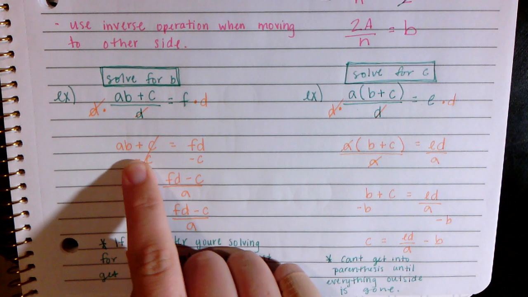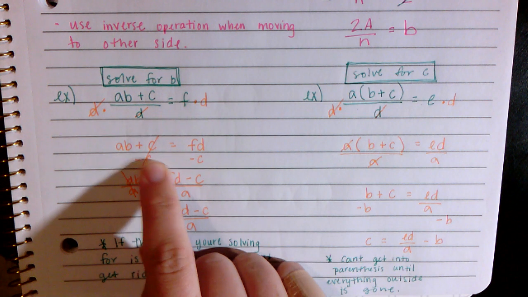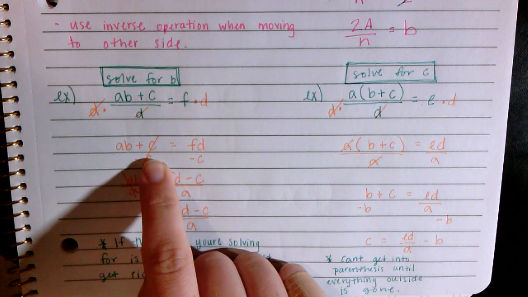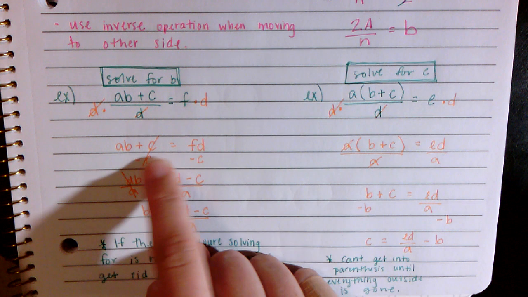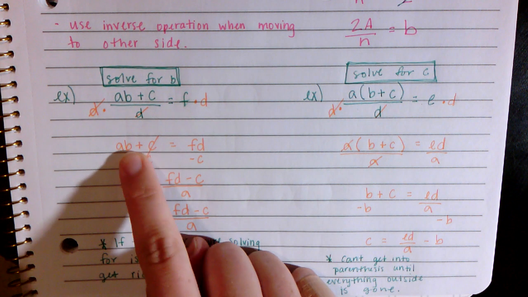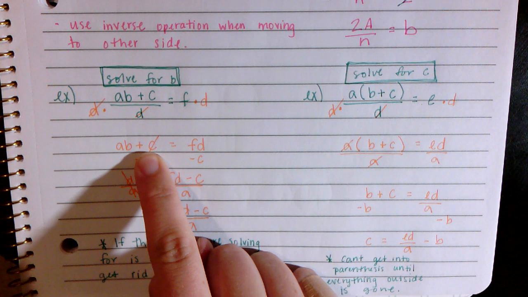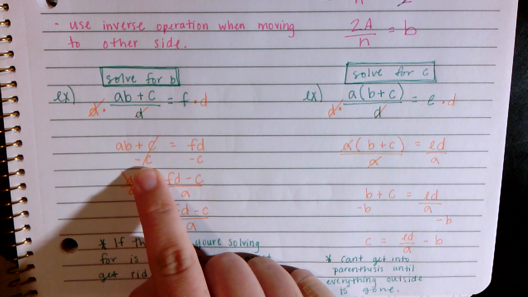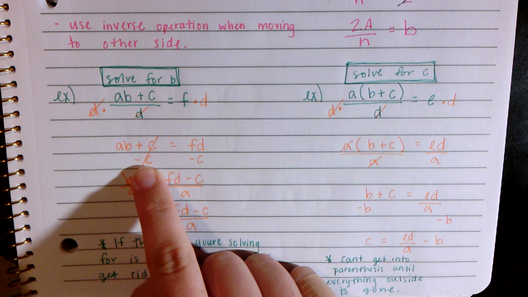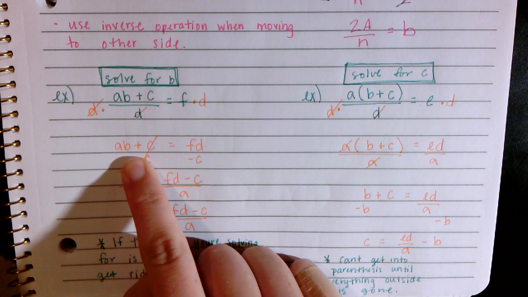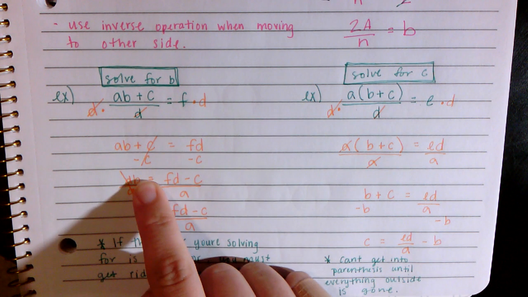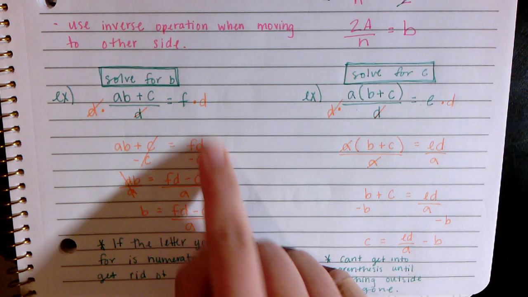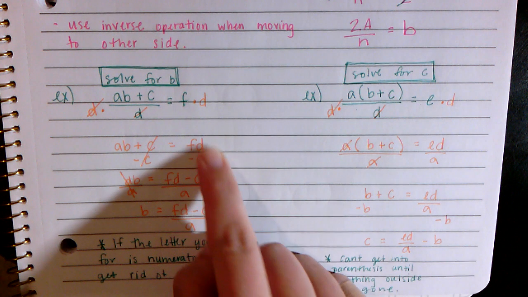Now, if I'm trying to get B by itself, first we add or subtract anything that's just hanging out by itself. And I have just a simple plus C. That's easy. That's addition. So I'm going to get rid of that first. So the opposite of plus C is minus C. So if I do that to one side, I do it to the other. And now that's gone, and I'm left with just AB. And over here, when I have FD minus C, I can't combine them.